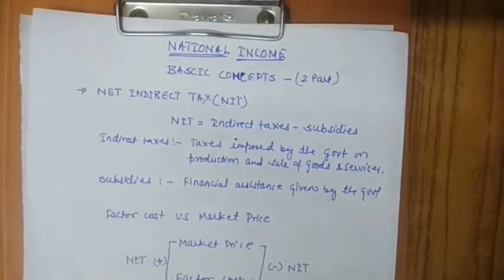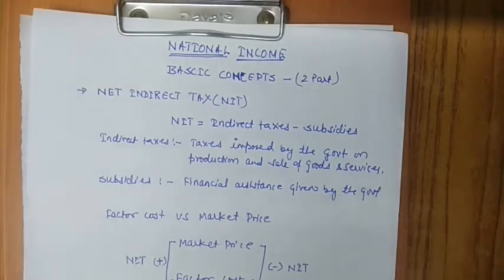So now the components of net indirect taxes are clear to you all. We will take up the relationship between factor cost and market price. Factor cost refers to the amount paid to the factors of production for their contribution in the production process. In the example I have given you of the furniture in your school, 5,000 was the factor cost.